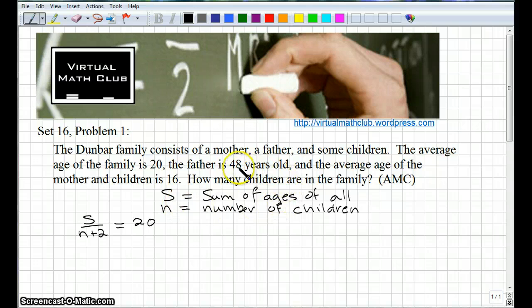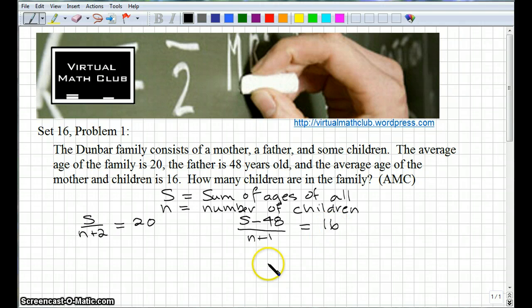But since we're given that the father is 48 years old, I can actually take s minus 48, and that will be the sum of all of the ages of the children and the mother, because we've essentially removed the age of the father. So the sum of the ages of the children and the mother divided by the number of children plus the mother, we're given, is 16.